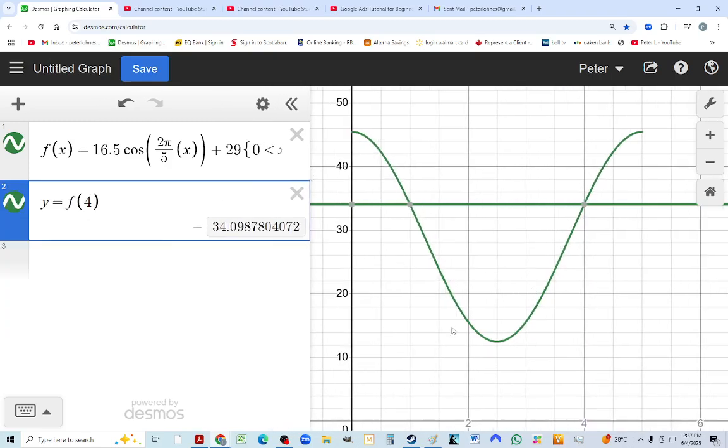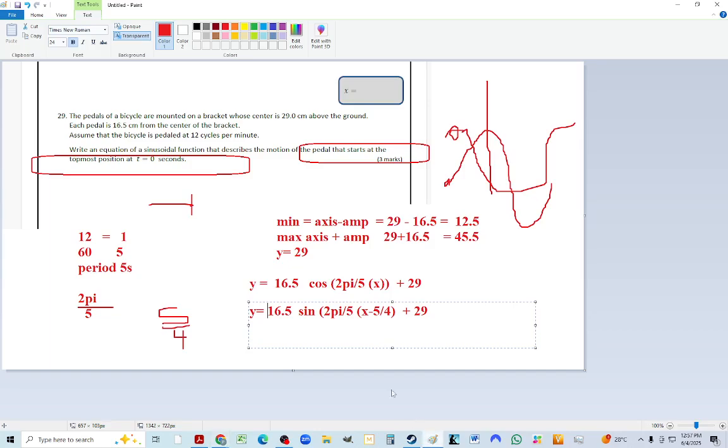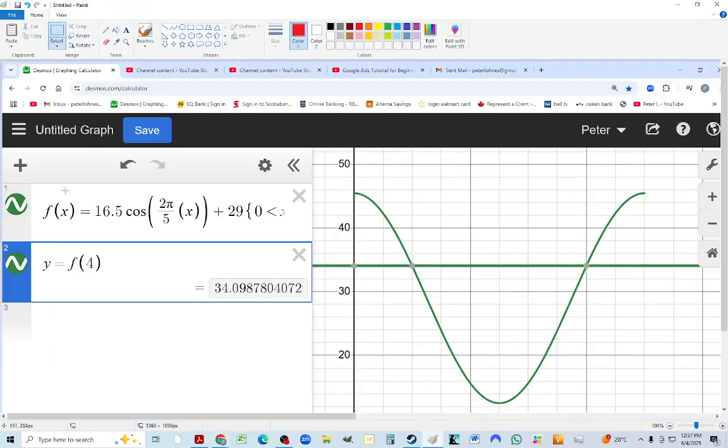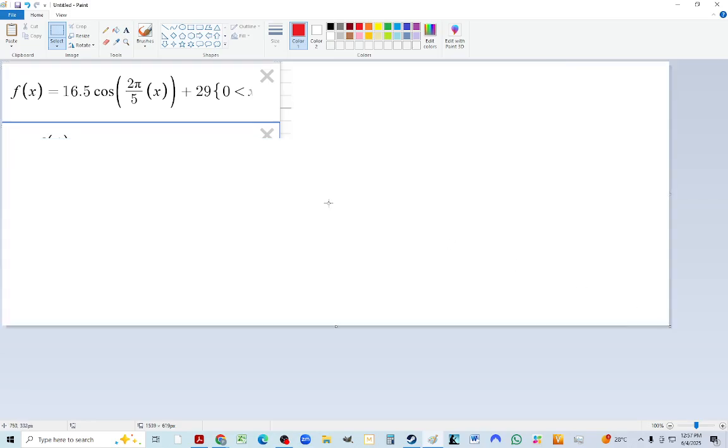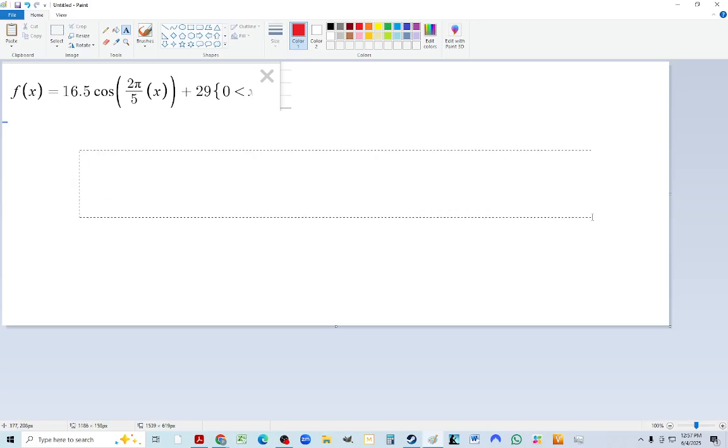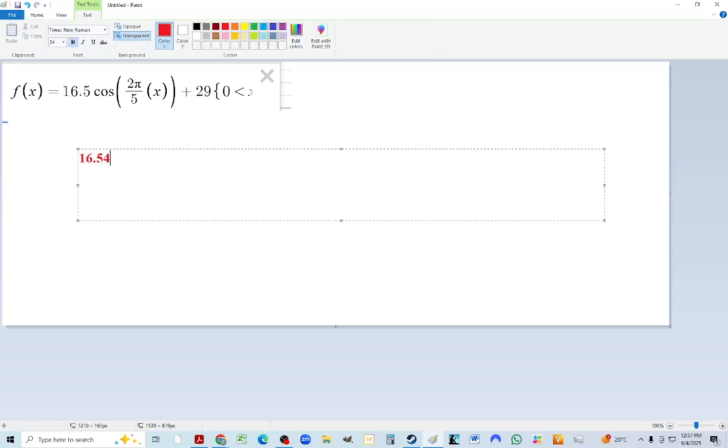Sometimes it'll say, what's the height at 4 seconds? Oh, by the way, I want to do that other thing too. And 4 seconds represents the x-axis. So you'd put into the equation 16.5 cos. And you'd have to figure all this out, 2 pi over 5, and let's say 5 seconds to make my life easier, plus 29.